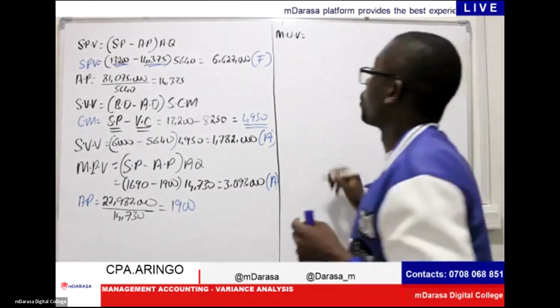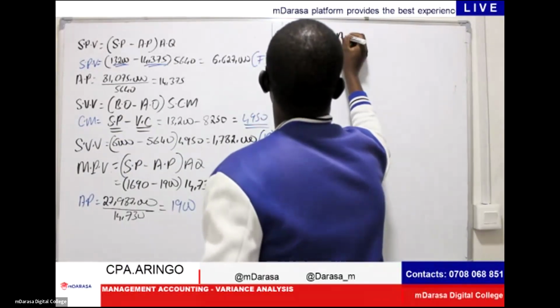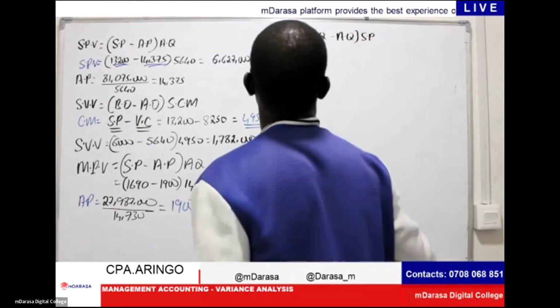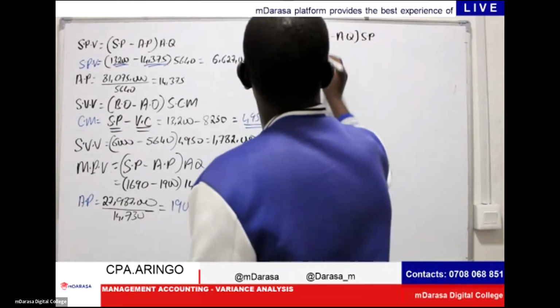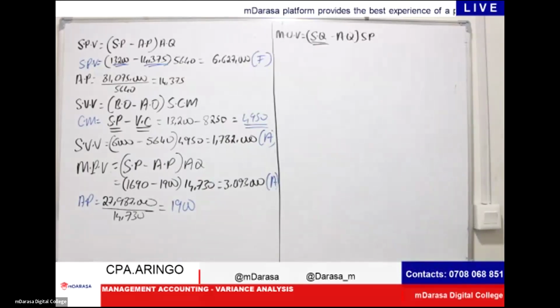Material usage variance we talked about: our standard quantity minus actual quantity valued at the standard price. One thing we agreed is that you'll never be given your SQ.